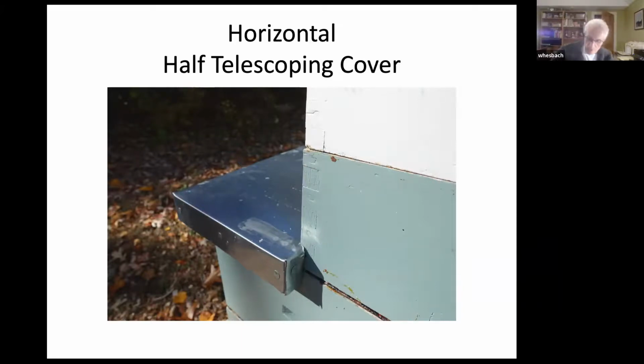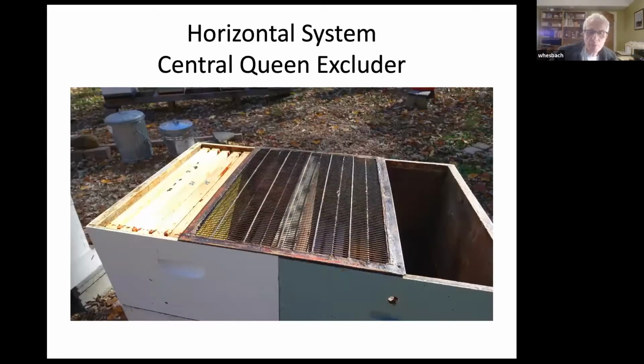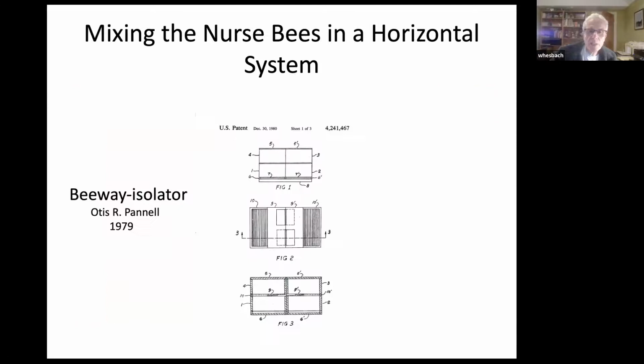Right? But this ingenious inventor came up with this device he called a bee-way isolator. Now, my first engineering education was mechanical engineering, and I stared at these for a month, I think.